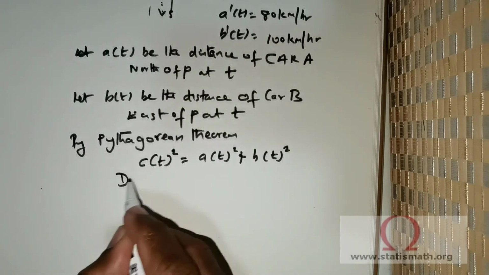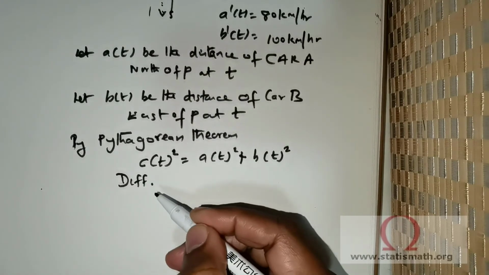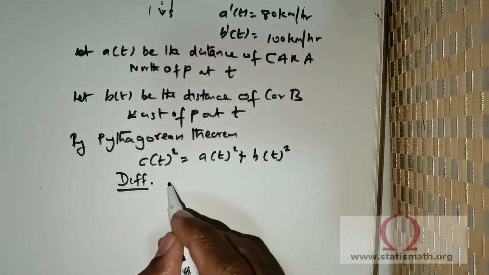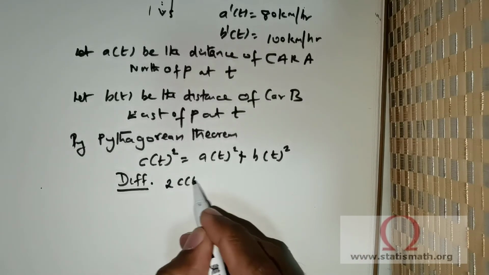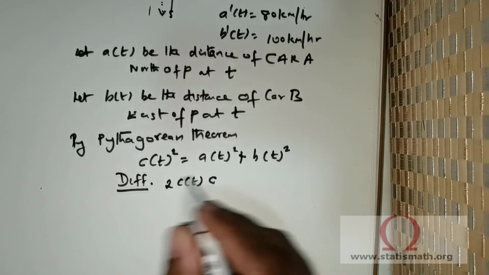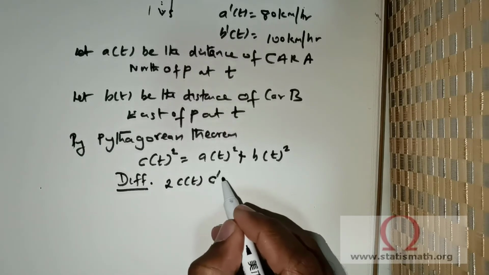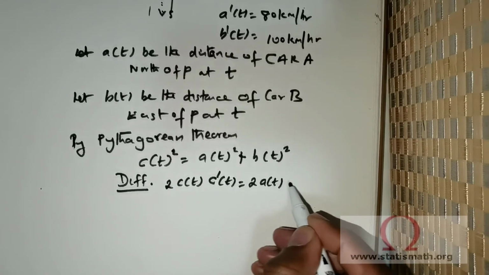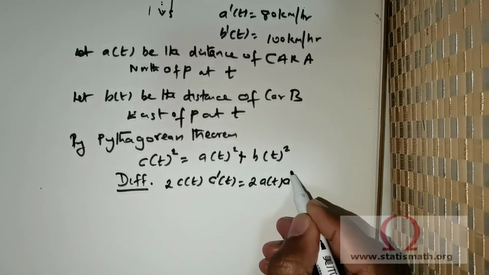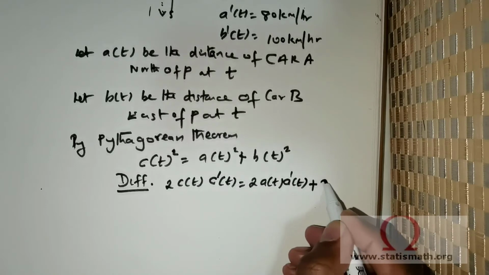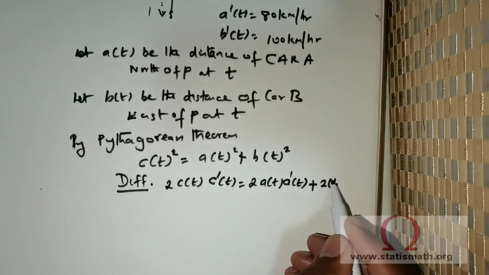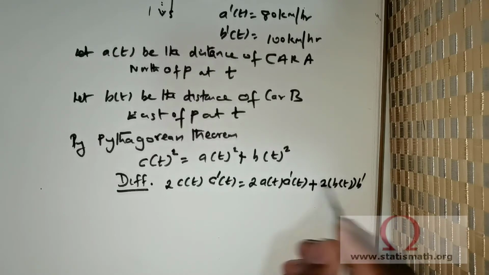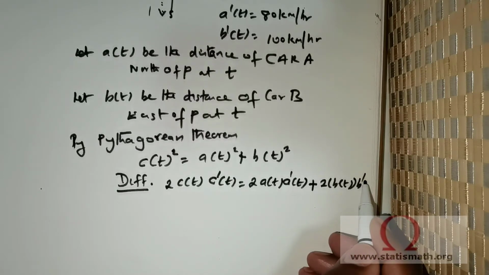Now, differentiating with reference to t, we would get 2 times C of t times C dash, equal to 2 times A of t times A dash of t, plus 2 times B of t times B dash of t.